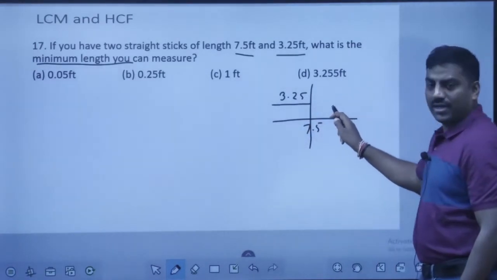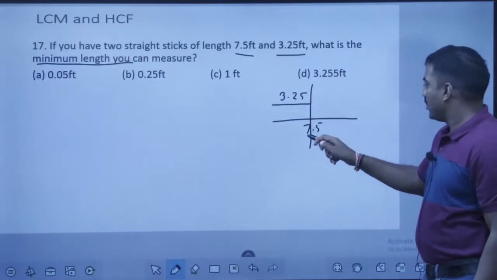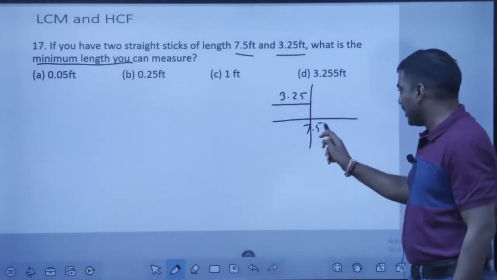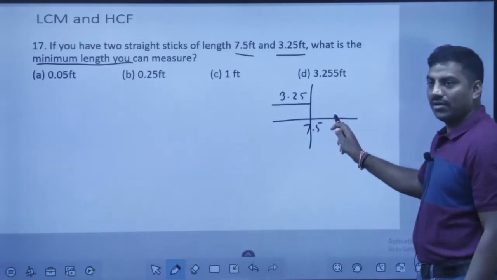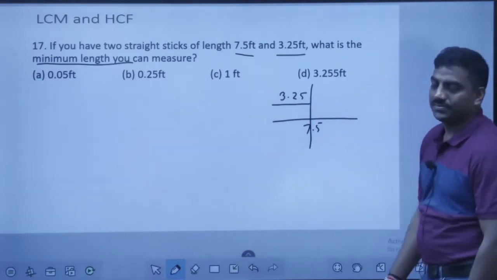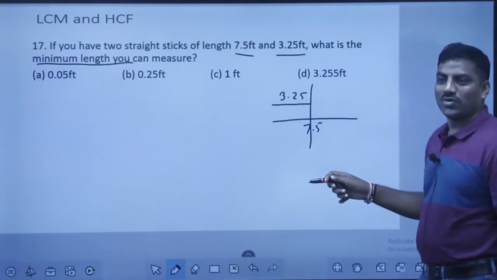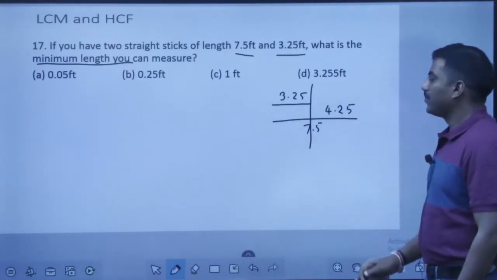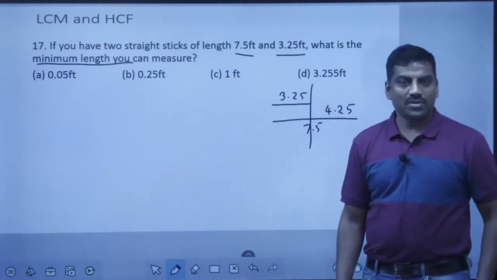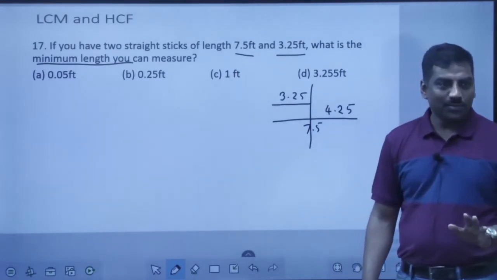So how much will be remaining here? If I have cut 3.25 from this bigger stick, how much is remaining here? Correct, 4.25. Getting the point?